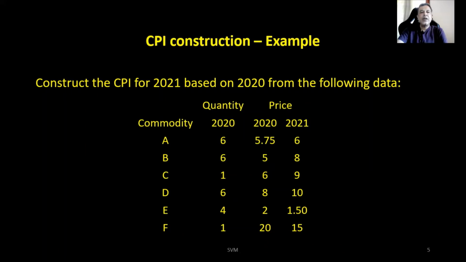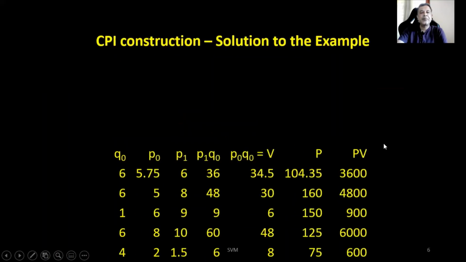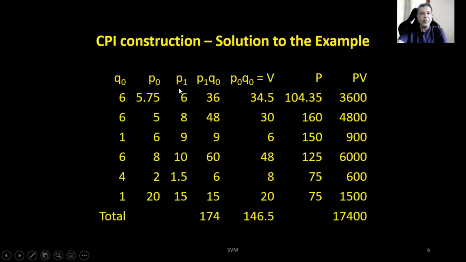Now to construct the CPI by both methods, we will create a table with the quantity in the base year as Q0, the price in the base year as P0, and the price in the current year as P1. Then whatever relevant figures we require, we will create those columns separately, like Q0, P0 and P1, and then we need P1 into Q0.